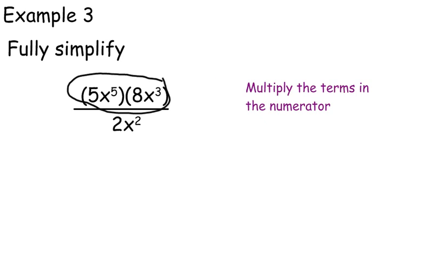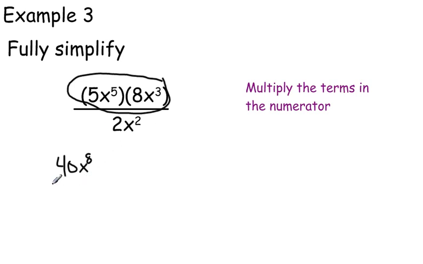So if you haven't seen the last video, you should stop this now, and you should watch the last video. All right, so it says multiply the terms in the numerator. So 5 times 8 is 40, and x to the 5th times x to the 3rd is x to the 8th. Because when you multiply variables with exponents, you're supposed to add the exponents.